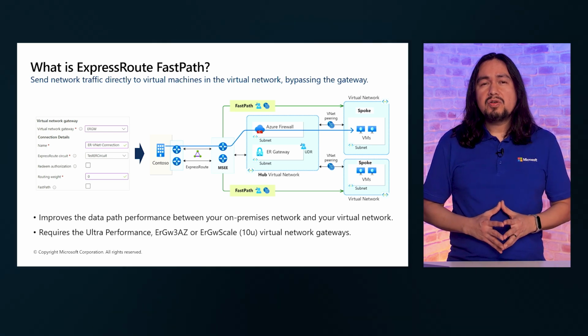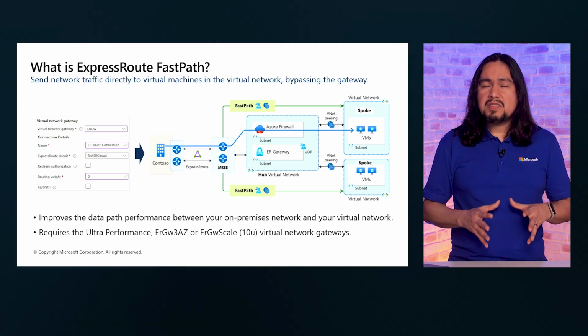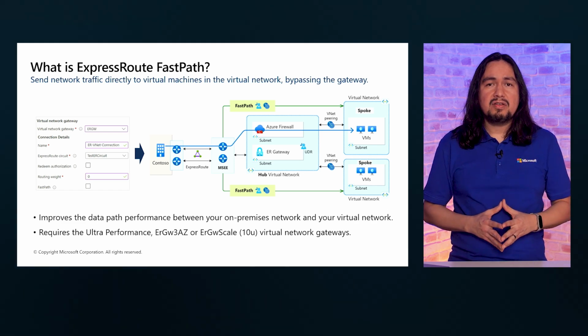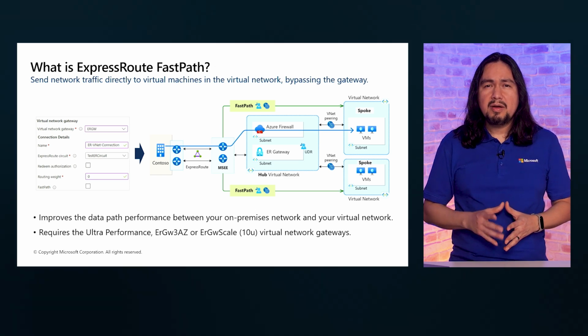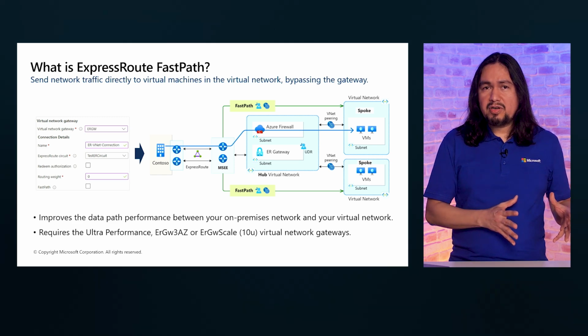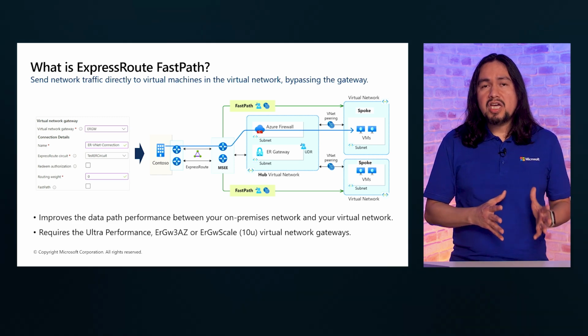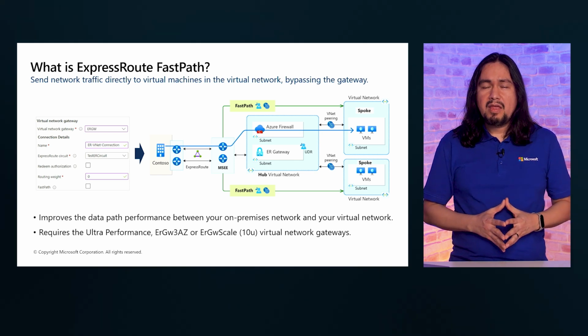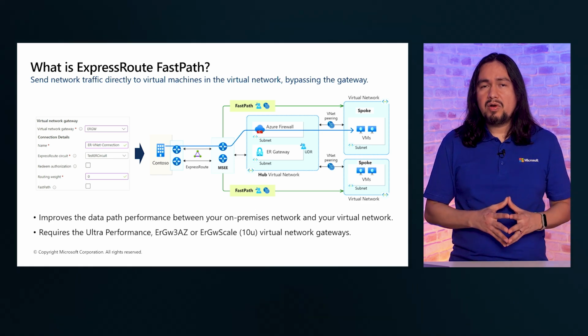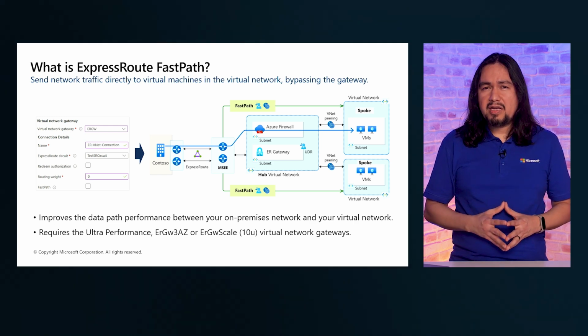That's why you can enable the ExpressRoute FastPath feature. In this specific configuration, you're bypassing the virtual network gateway and sending the traffic directly into your virtual network. But remember, this doesn't mean that you are not going to deploy a virtual network gateway. You're just changing the path of your traffic. And also, you will need to have an Ultra Performance ExpressRoute Gateway 3 with availability zones or ExpressRoute Gateway Scalable with 10 units to make this work.